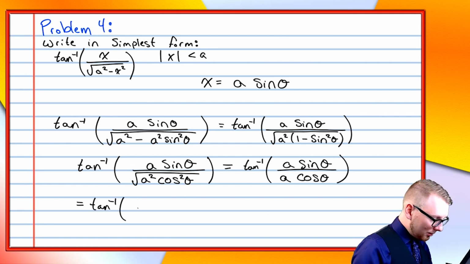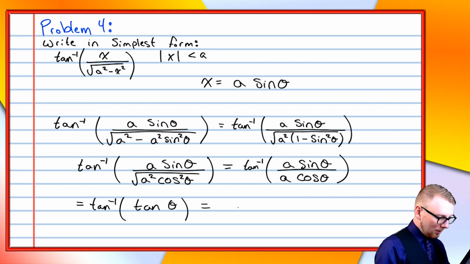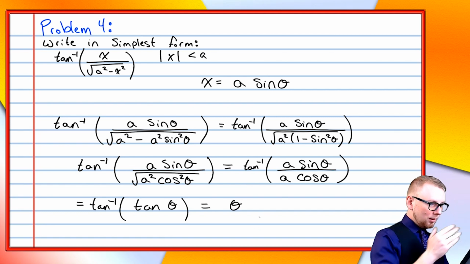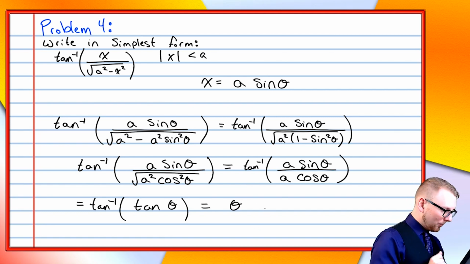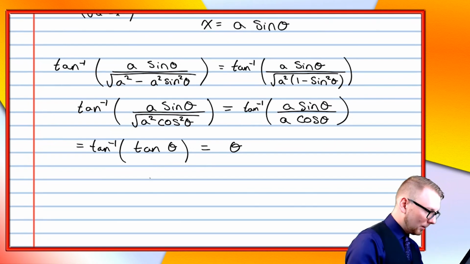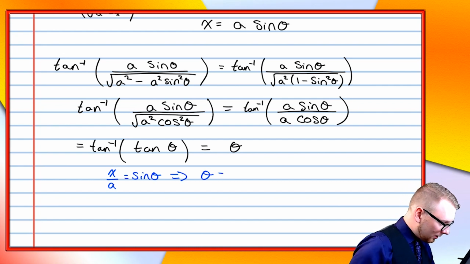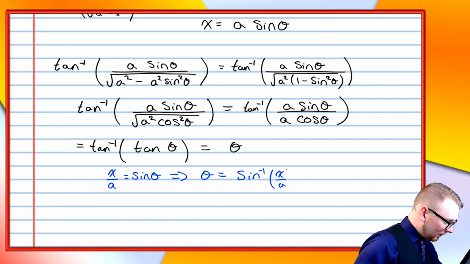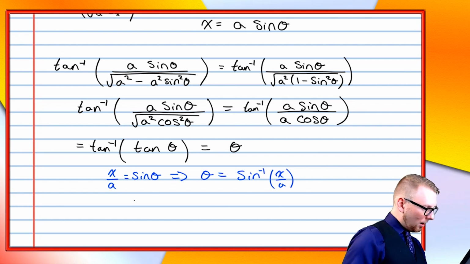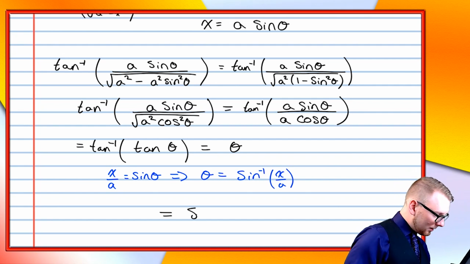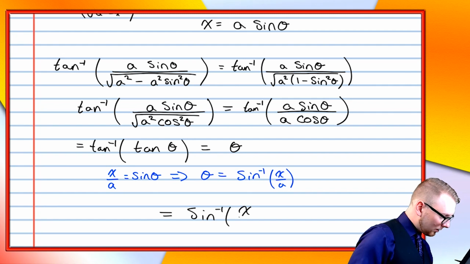Well, the a's cancel out, so we've just got tan theta, which just gives us theta. X equals a sine theta, which means, okay, let's rewrite this. That means we'll divide by a, so x over a equals sine theta, which implies that theta equals sine inverse of x over a, which means our question simplifies to the sine inverse of x over a.